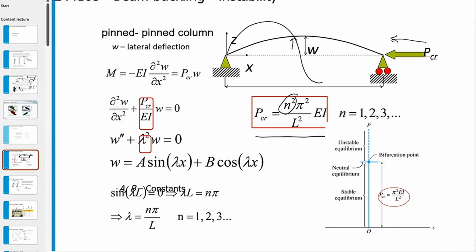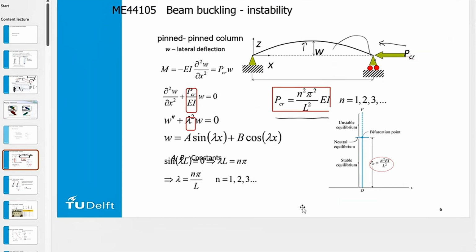If I use N is 2, I get this, N is 3, and so on. So depending on the buckling shape, I get a different buckling risk. This is based on beam deflection, so it's not really difficult, but basically what you get here is what we call the Euler buckling formula.